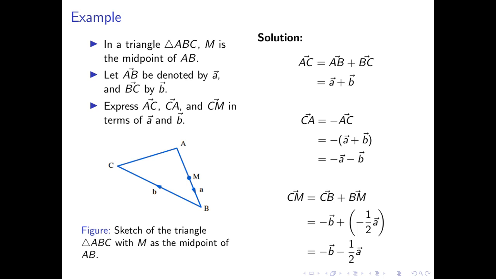M is the midpoint of A and B. Suppose vector AB is denoted as vector A and vector BC is denoted as vector B. The question says express vector AC. How do we express vector AC? We'll see that shortly.